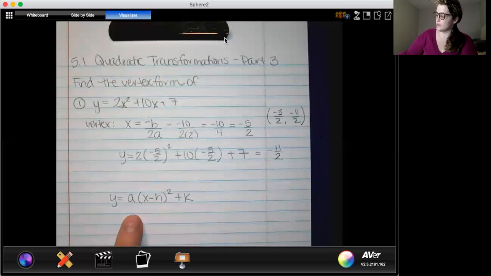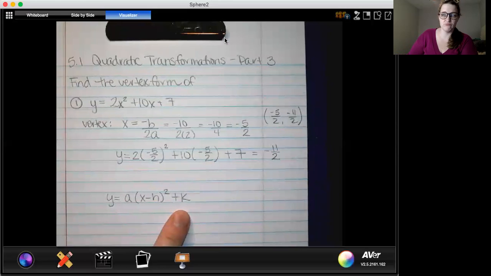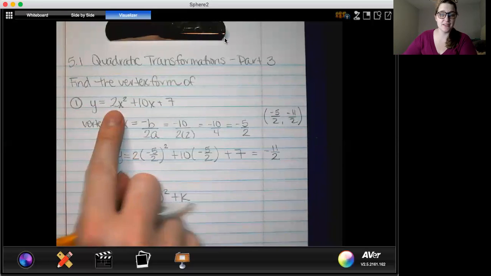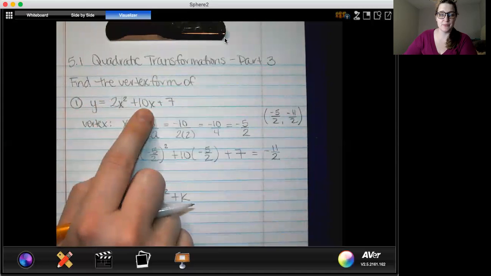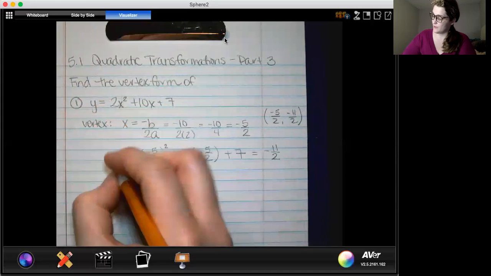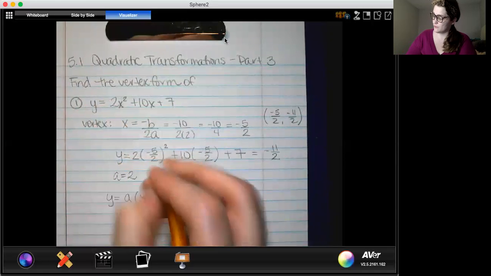So what other letter is missing in this equation so we can complete the equation? Hopefully you're saying a. Well, the best thing about a is that a is also given in standard form, because remember it is ax squared plus bx plus c, therefore a equals 2.